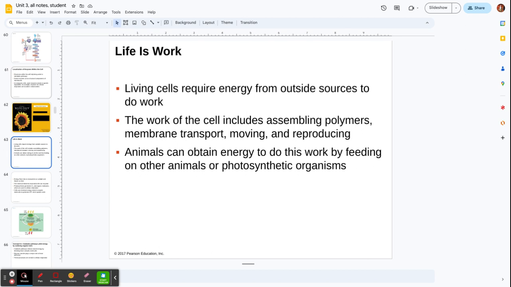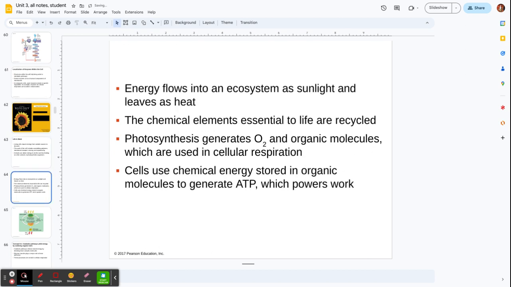And that could be through photosynthesis if you're a plant, or if you are a non-autotrophic organism, not a plant, you can do that through this thing called cell respiration. So animals can obtain energy to do work by feeding on either animals or by photosynthetic organisms. And we're going to talk about how they actually take that energy from plants and from animals and convert it into a form of energy that they can use.